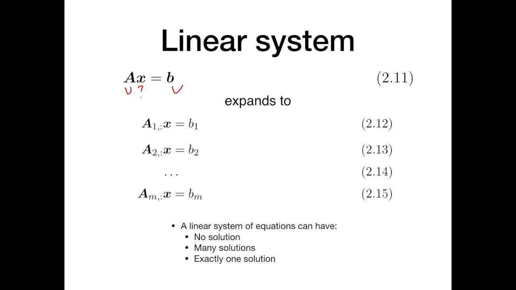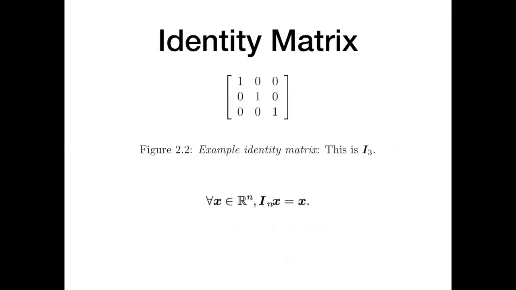I will talk about this condition next. This condition means that the multiplication by the matrix is an invertible function. Based on this, we can get an operation of matrix inverse.